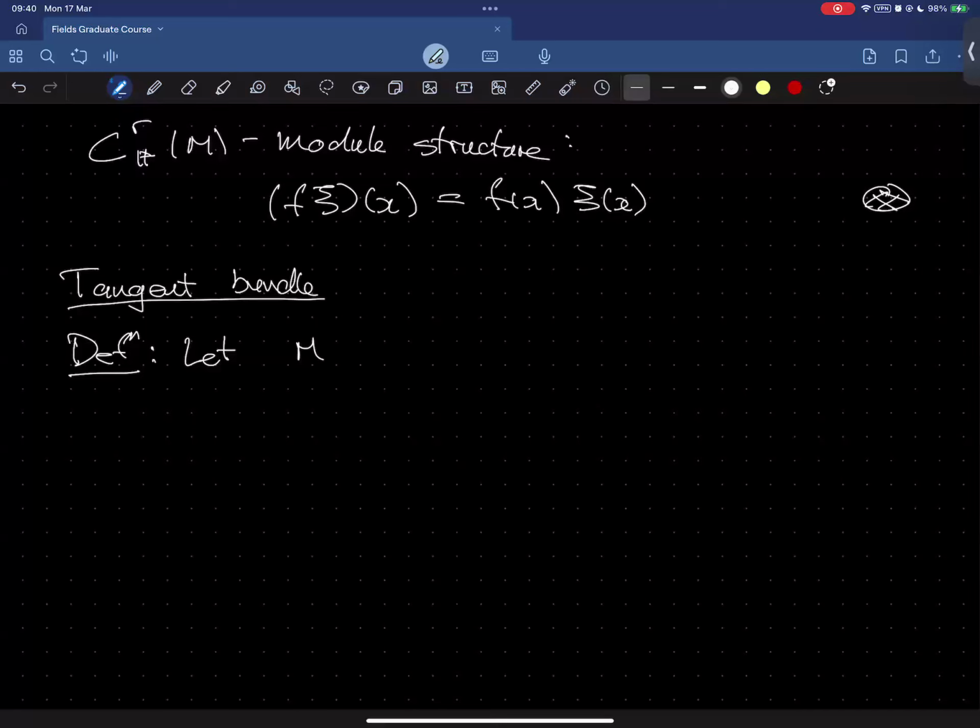We'd start with a manifold. And here I'm going to ask that r be strictly positive, for reasons which we'll see in a second.